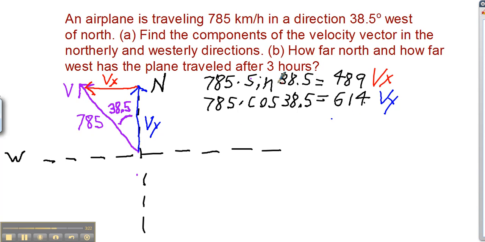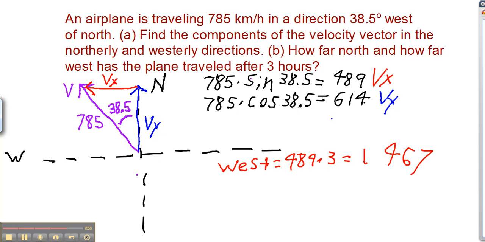It asks how far it went after 3 hours. Well, that's really easy. For the x direction, for how far it went west, you just take this number and triple it, right? Because it went 489 kilometers per hour, and it did that for 3 of those hours. So that gives you, just a second, got a cheap calculator here, it takes a sec. 1467.